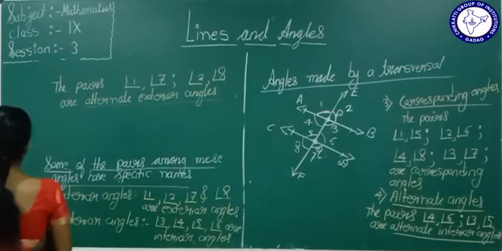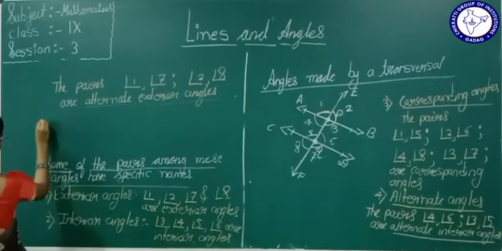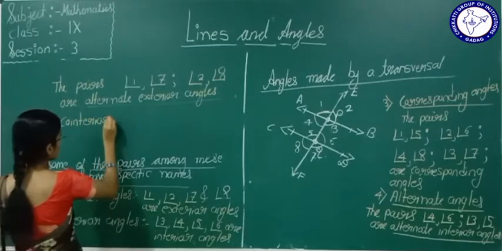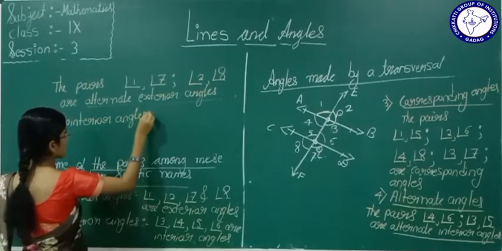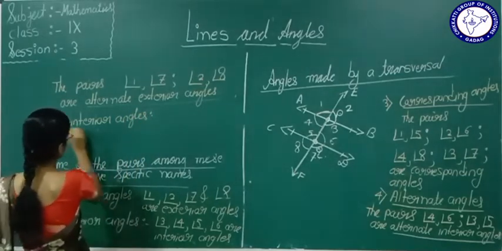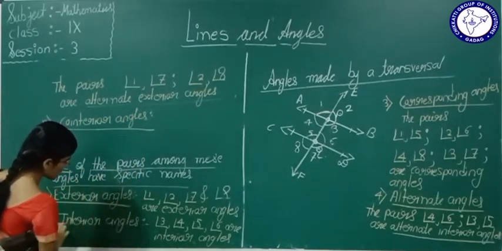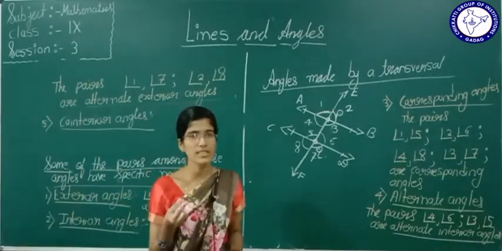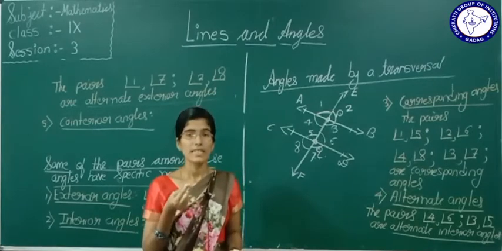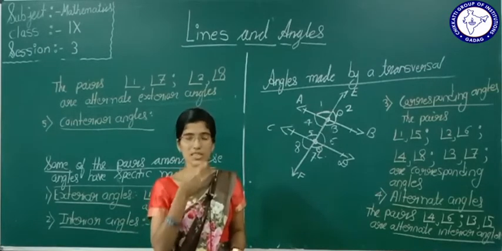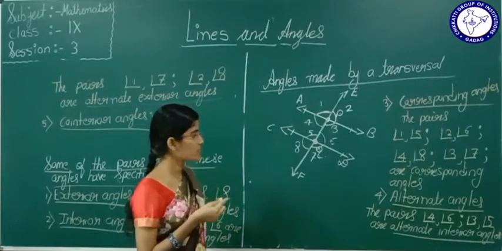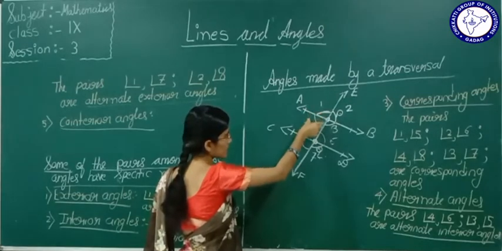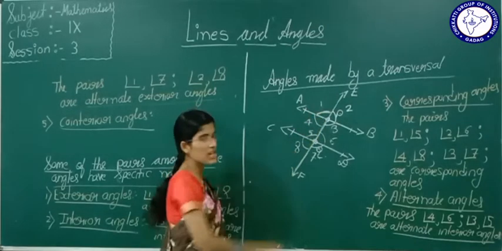So next we will see what are co-interior angles. Say co-interior, something it is representing. Co means same side. The angles which are on the same side, the interior angles which are on the same side of the transversal.